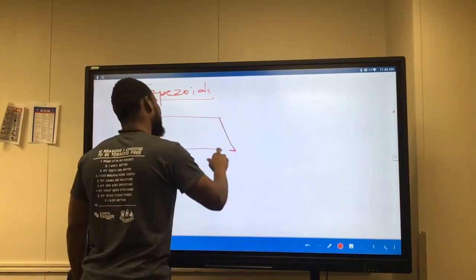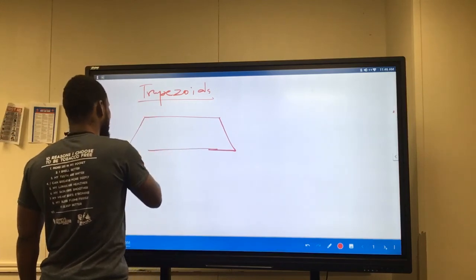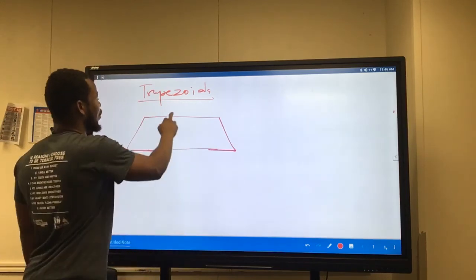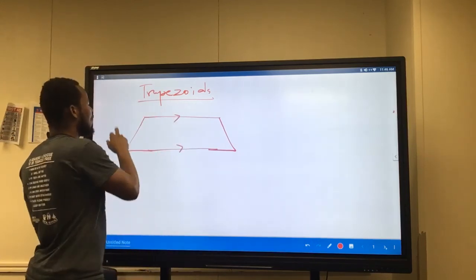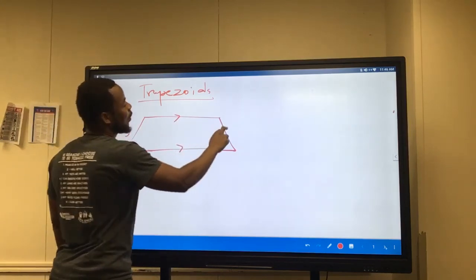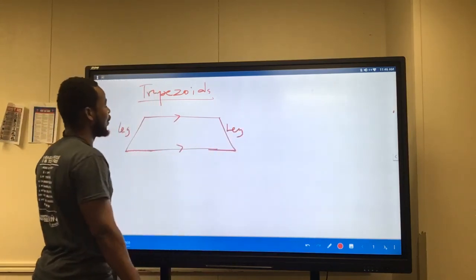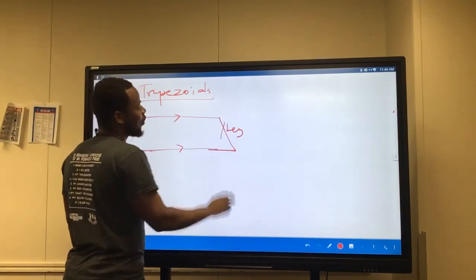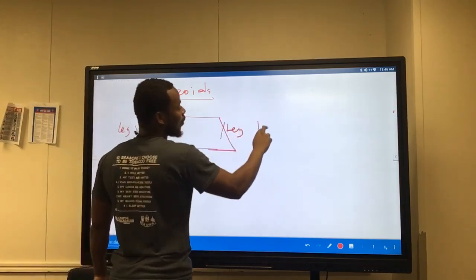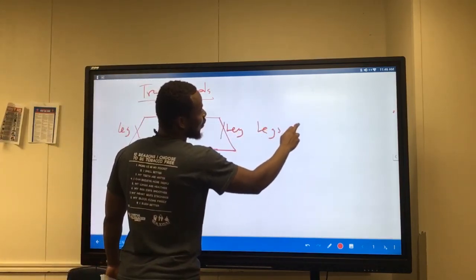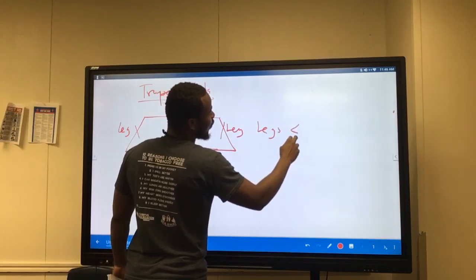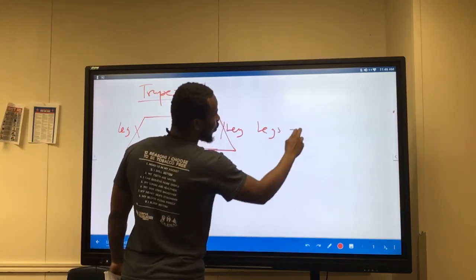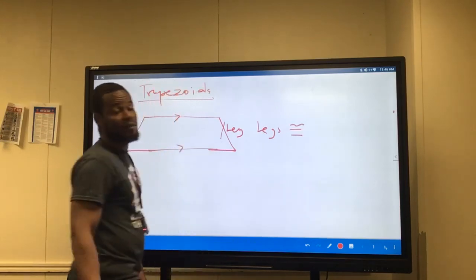This side is this way, and that side is that way. It's still a trapezoid because these two lines are parallel, but the legs are the same. They are congruent. Legs are congruent.